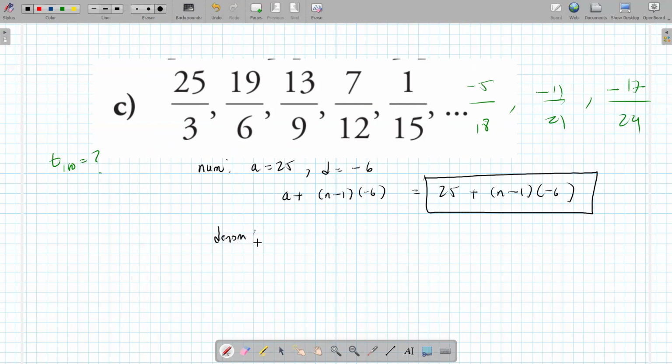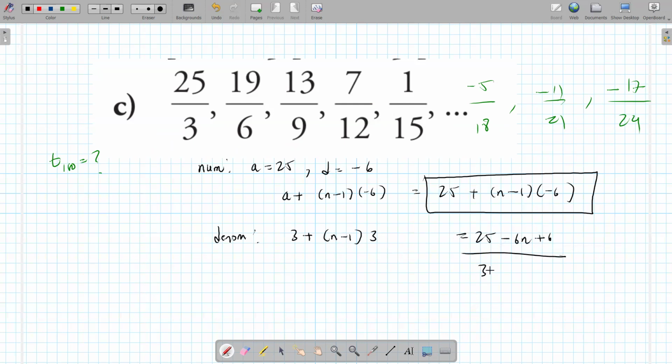So A plus N minus 1 D. Yeah, I think that's going to work. We can simplify this a little bit. So it'll be 25 minus 6n plus 6.